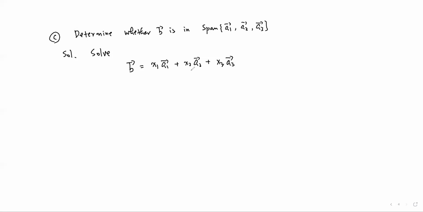How to see a vector equation is a linear system? Write the equation in detail. Vector B is 7, 4, -3.